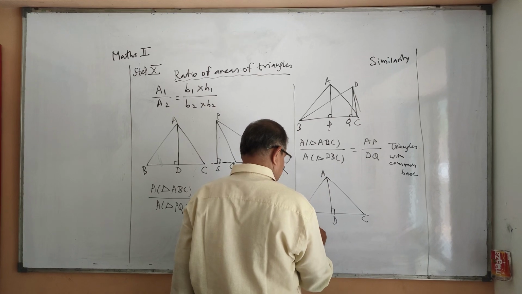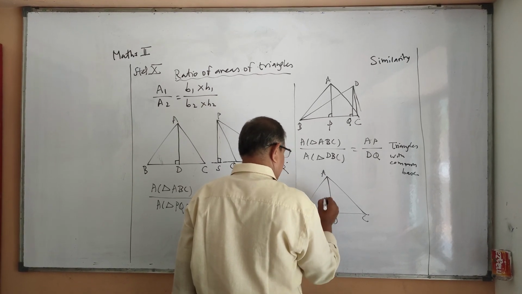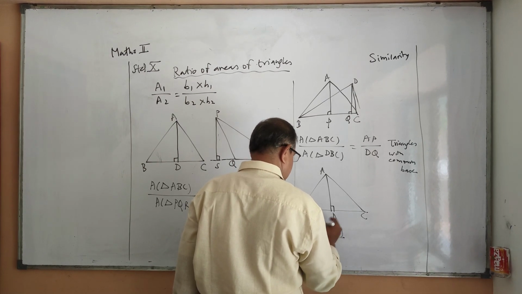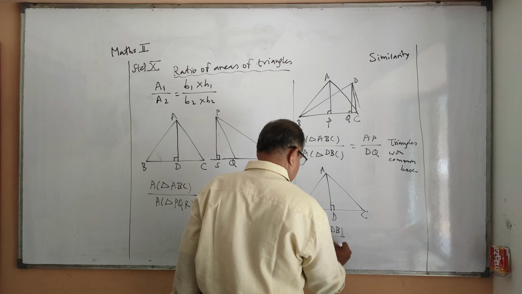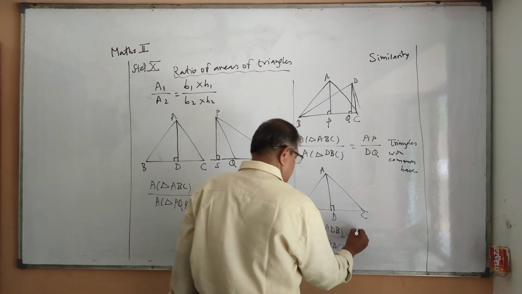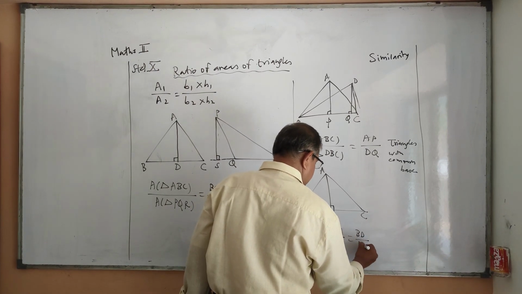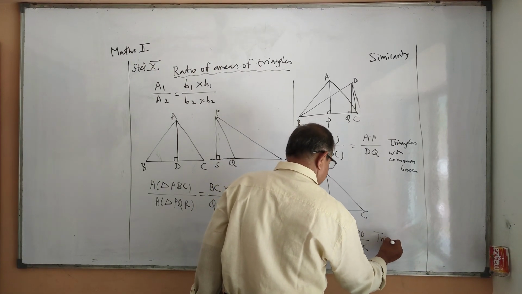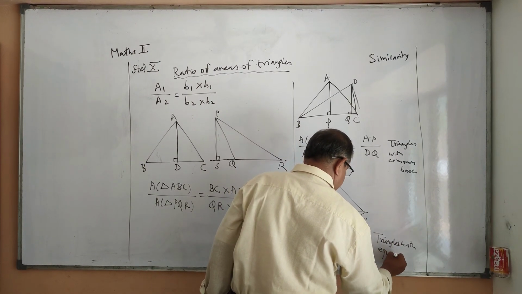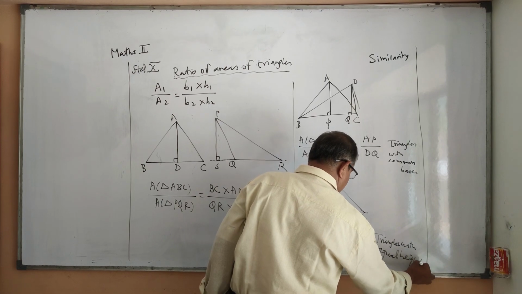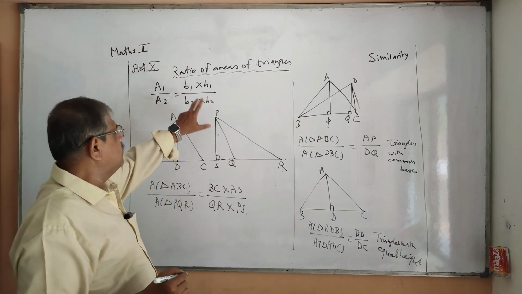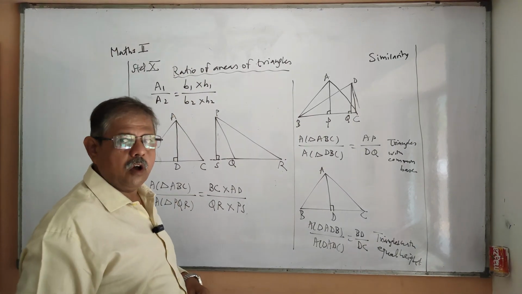So in this case, area of triangle ADB upon area of triangle ADC is equal to the base of triangle ADB, which is BD, upon DC. The reason is triangles with equal heights. Generally, for height the word equal comes, and for base the word common comes. So this is the property we learned about the ratio of areas of triangles.